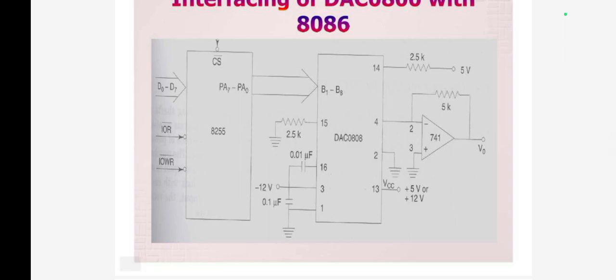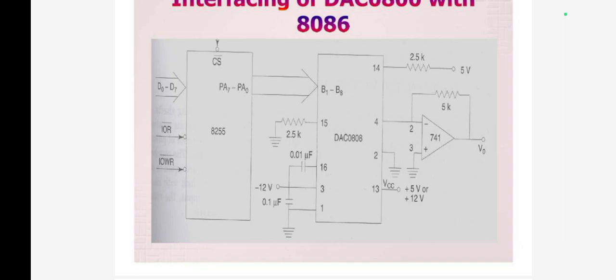Figure shows the interfacing of DAC 0800 to the microprocessor. We have 8255 interfacing and 0800 DAC. In 8255 we have already seen what all the parts are and how it is working.